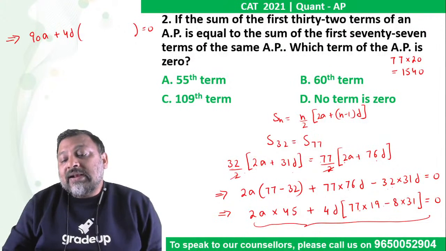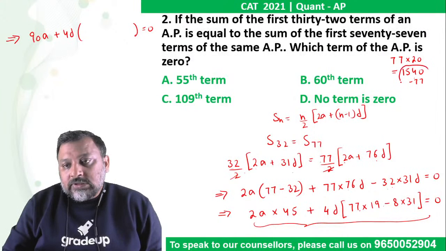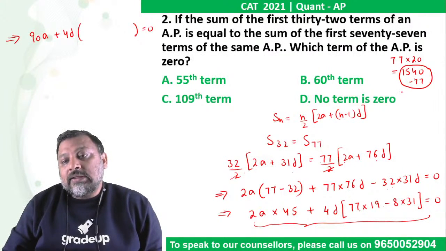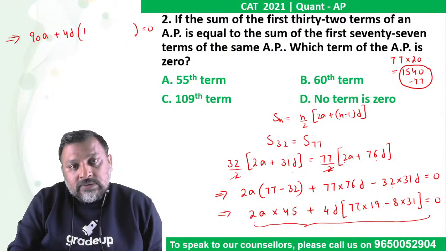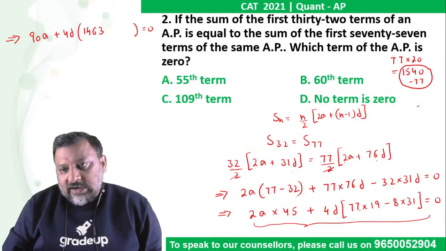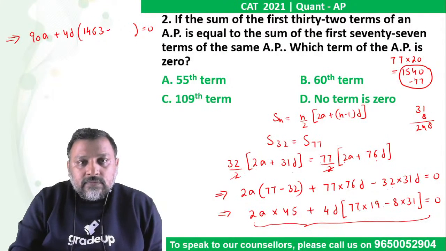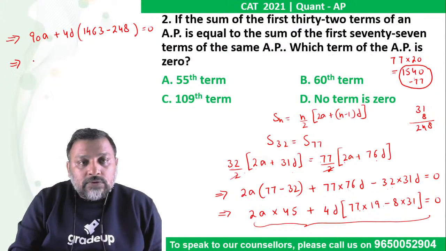You just need to do 19 times, so subtract one 77 from it. So 77 into 19 is 1463. Similarly, 8 into 31 is relatively easy, 31 into 8 is 248. So it is 90a plus 4d into this much.